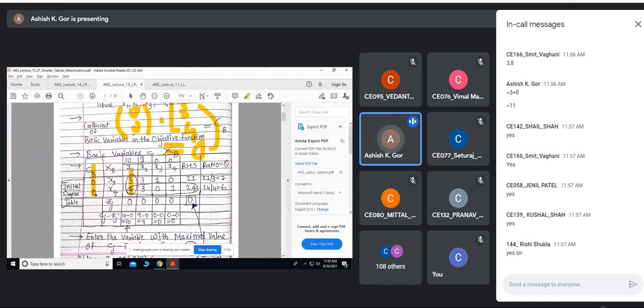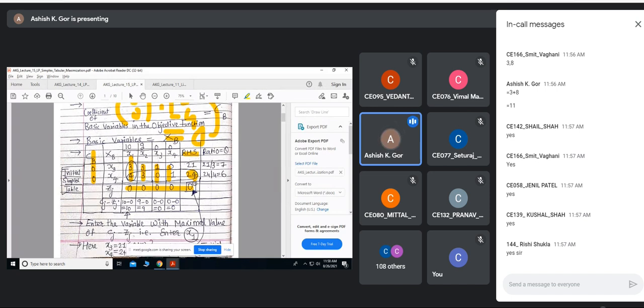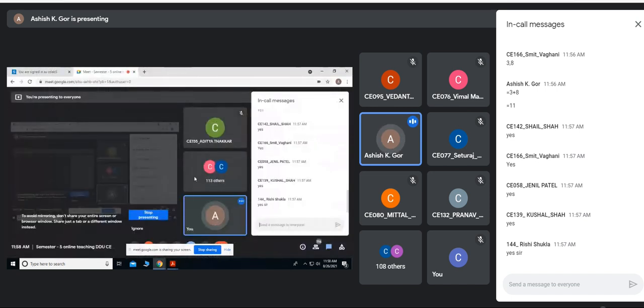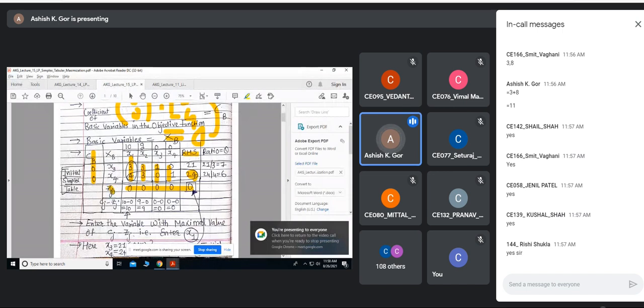Because this is 0, 0, everything will be 0. Same way you have to do for the second column, third column, fourth column. And you see RHS also I am doing 0 into 21 plus 0 into 24, which is 0. Okay. So this is Zj. This is the term Zj.